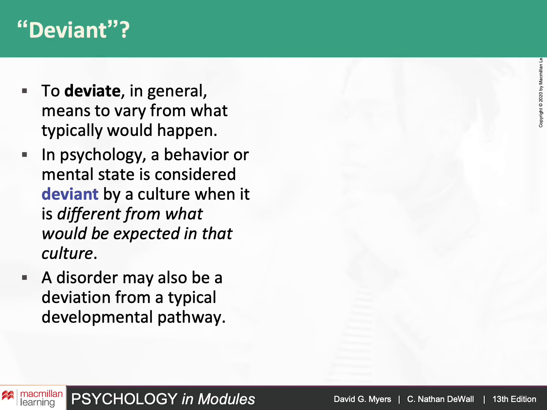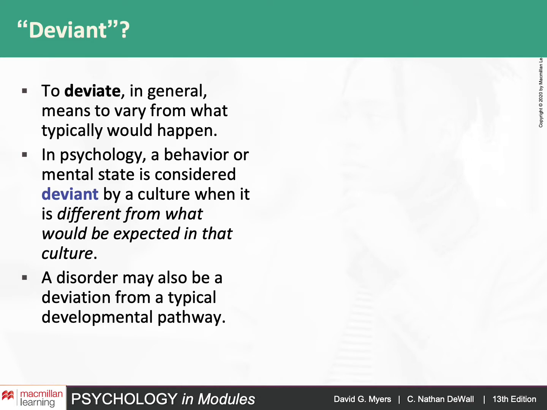And a disorder may also be a deviation from a typical developmental pathway, right? So deviation from a developmental pathway might include things like autism or intellectual disability, or even just an extremely disruptive behavior which persists in all situations, right?